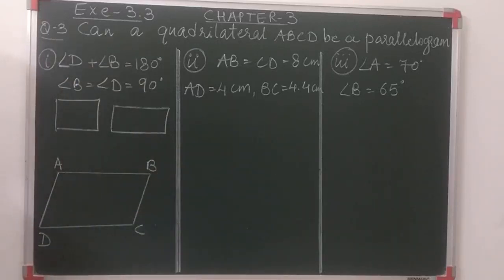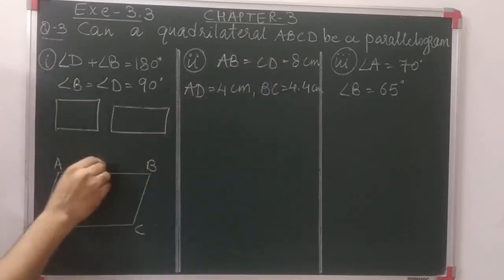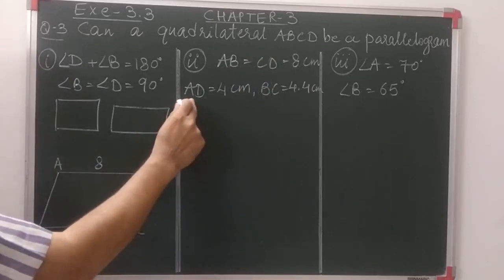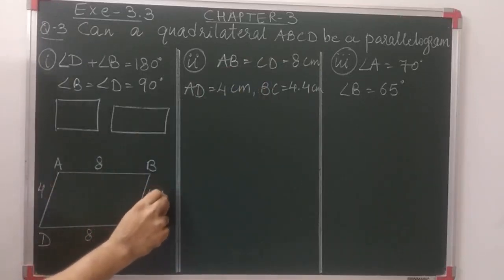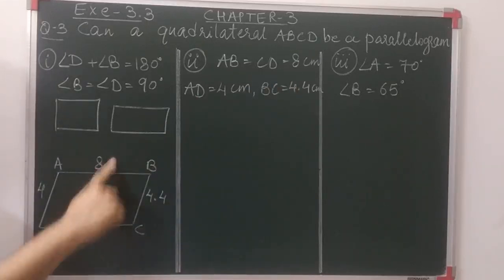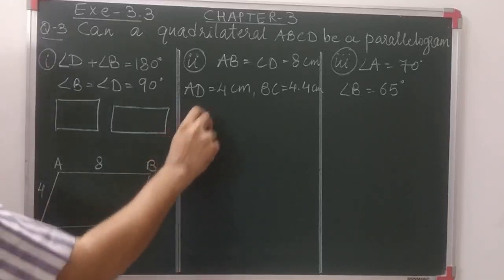Let's come to the second question. AB and CD are both the same, given as 8 cm. AD is given as 4 cm while BC is given as 4.4 cm. So here you can see that one pair of opposite sides is equal, but the other pair of opposite sides is not equal.